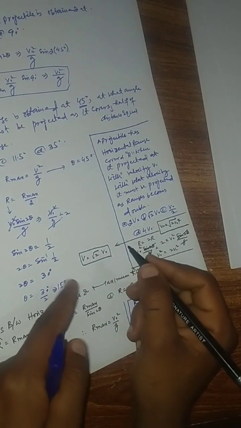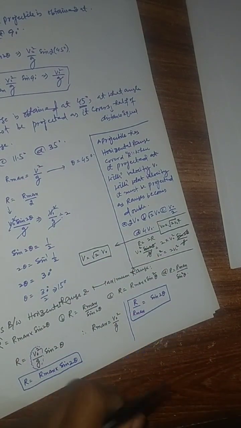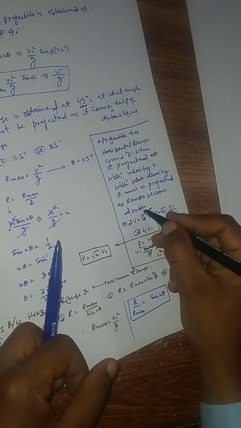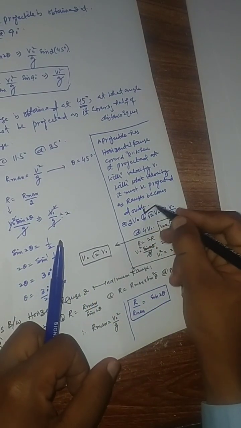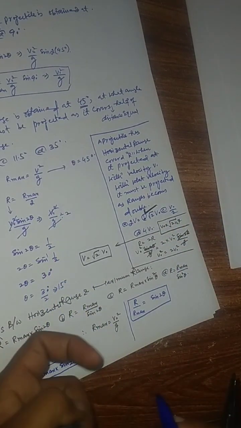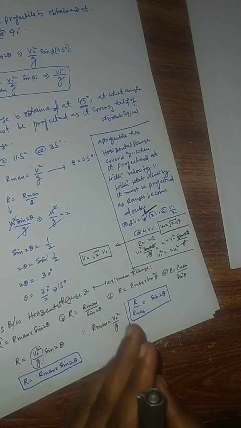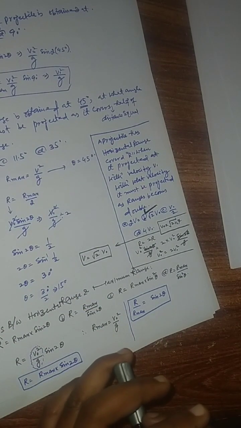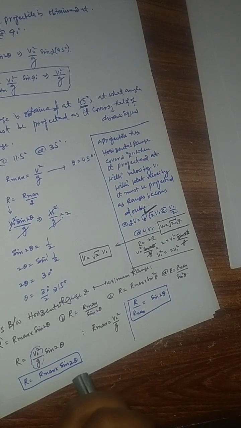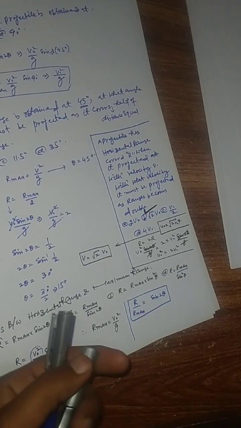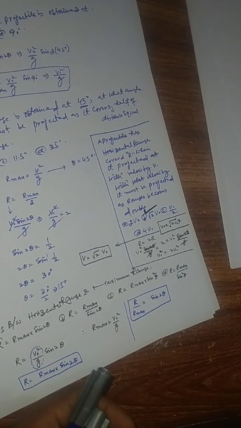If we increase the velocity by under root 2 times, then the range gets doubled. If we want to increase the range by n times, then we must increase the velocity by under root n times. Okay, this is the same situation as that in the maximum height.